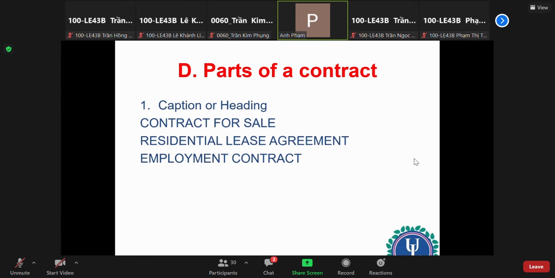But in order to distinguish it from all the clauses or all the headings in the contract, it could be better for the parties to agree on the capitalization of all the letters in the title, right? So here we have the term employment contract or labor contract.